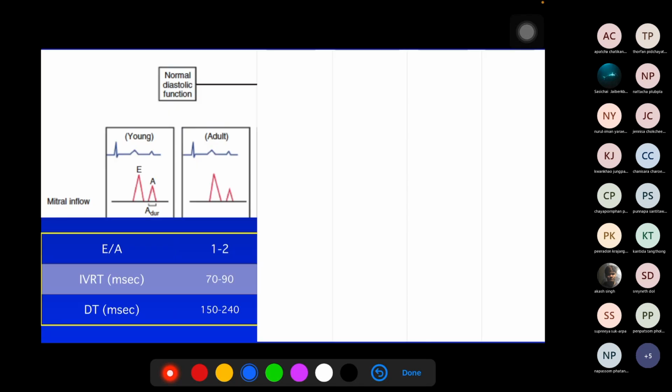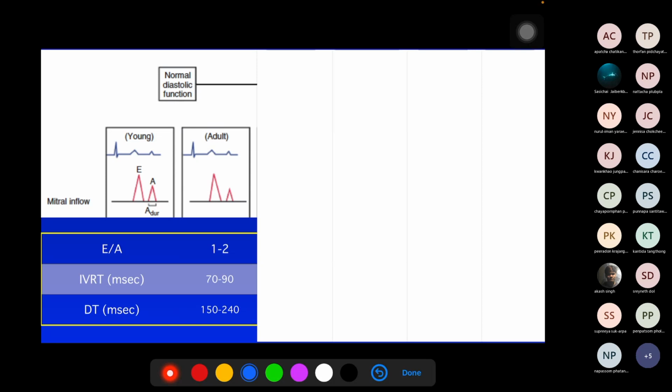Okay. When you obtain the mitral velocity, you measure peak E, peak A, and then measure the IVRT and the decelerating time. You use all of these parameters to grade diastolic dysfunction from normal diastolic function.